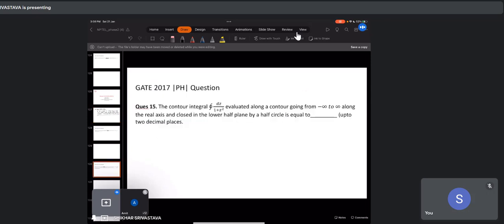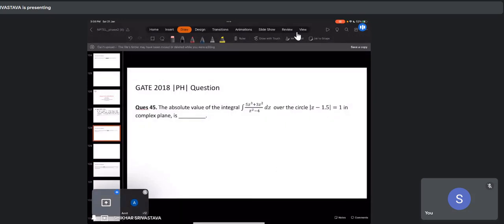There is a question which appeared in GATE 2017, to integrate dz over 1 plus z square from minus infinity to infinity, and wait, I missed one question. Okay, first of all, let us solve this question. This question came in GATE 2018, a simple question.